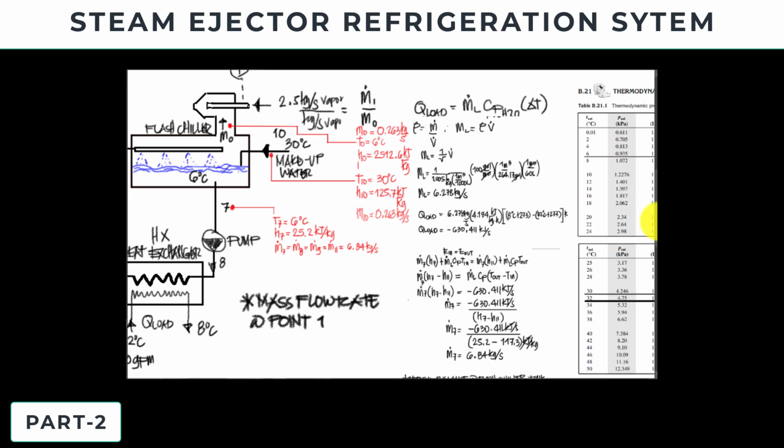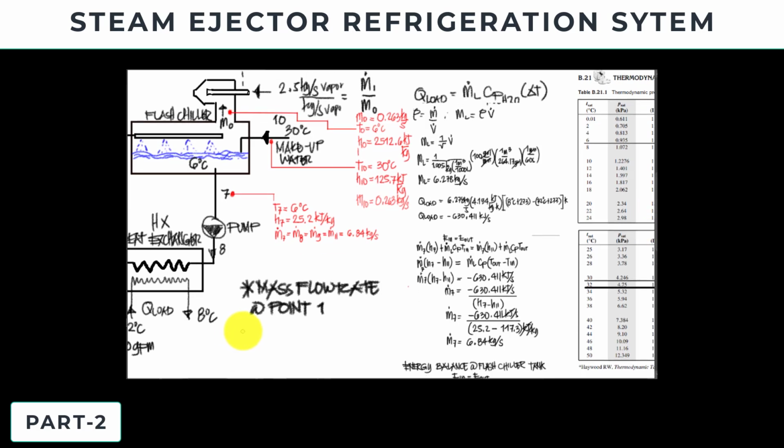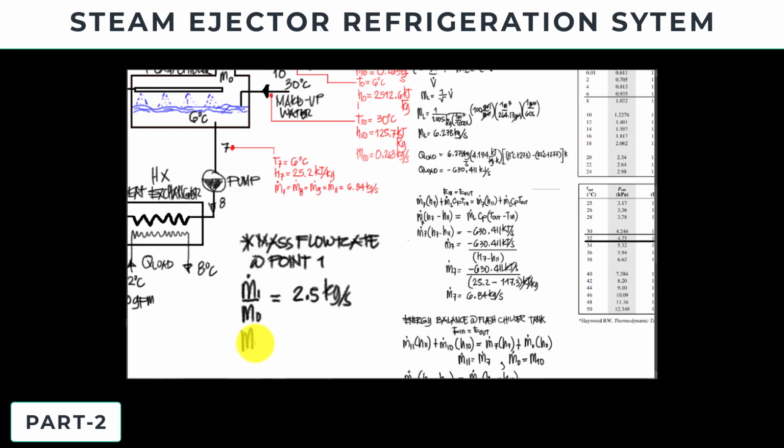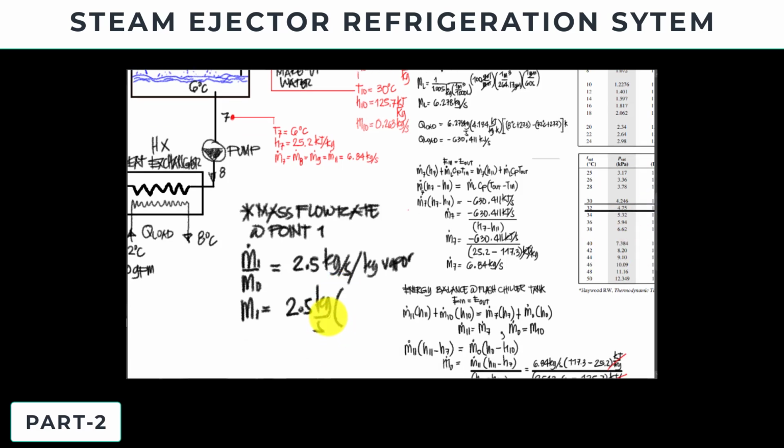So mass flow rate at point 1 is equal to 2.5 kilogram of steam per kilogram of vapor refrigerant, and it will be multiplied by mass flow rate O.